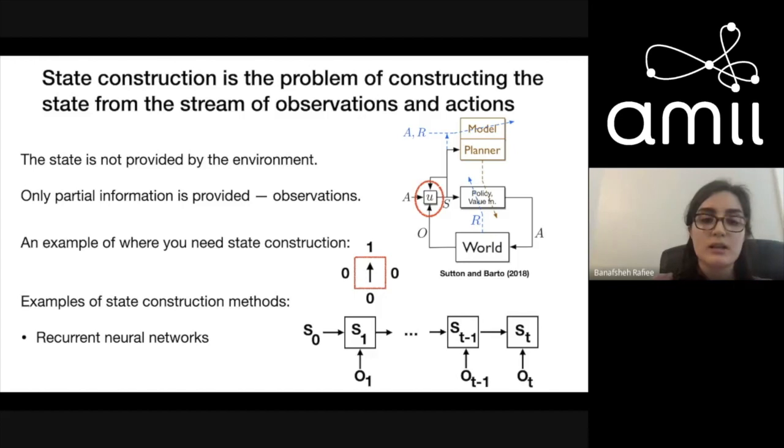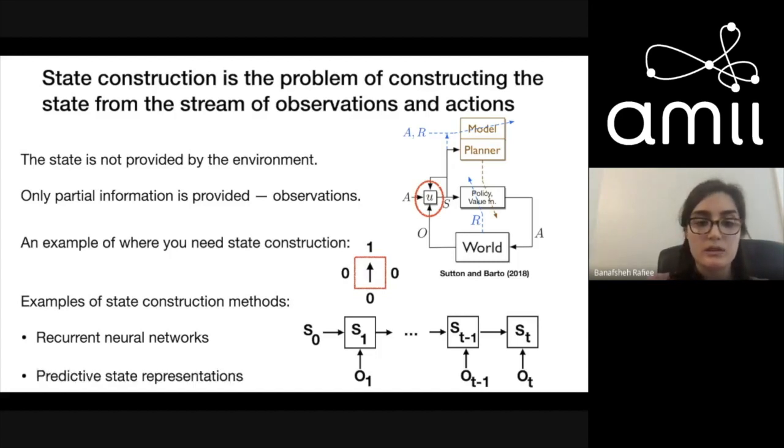For examples of state construction methods, we have recurrent neural networks, which use a recurrent mechanism to construct the state at this time step from the observations and from the state at the previous time step. It's kind of like they accumulate the information from time step 0 to now and summarize it in the state.